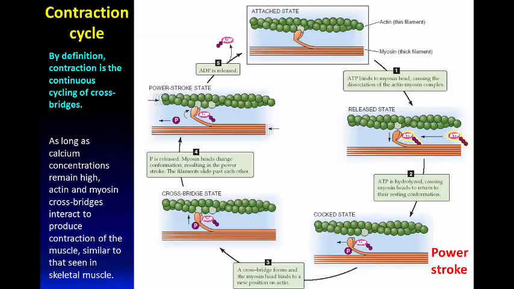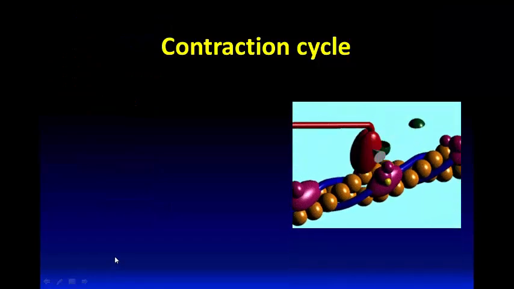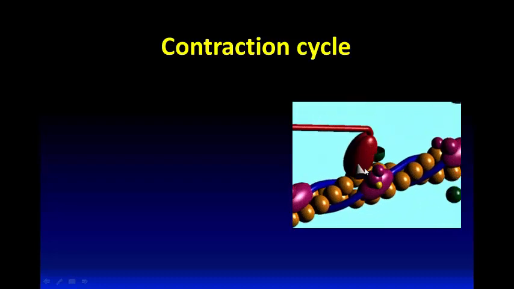As long as calcium concentrations remain high, actin and myosin cross bridges interact to produce contraction of the sarcomeres, and this contraction is similar to the contraction of the sarcomeres which we see in skeletal muscle fibers. This is a nice animation which shows the contraction cycle.